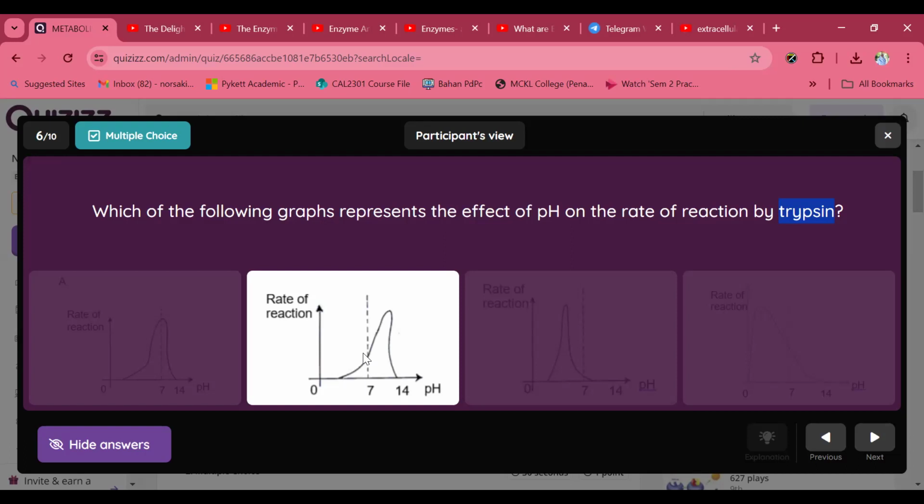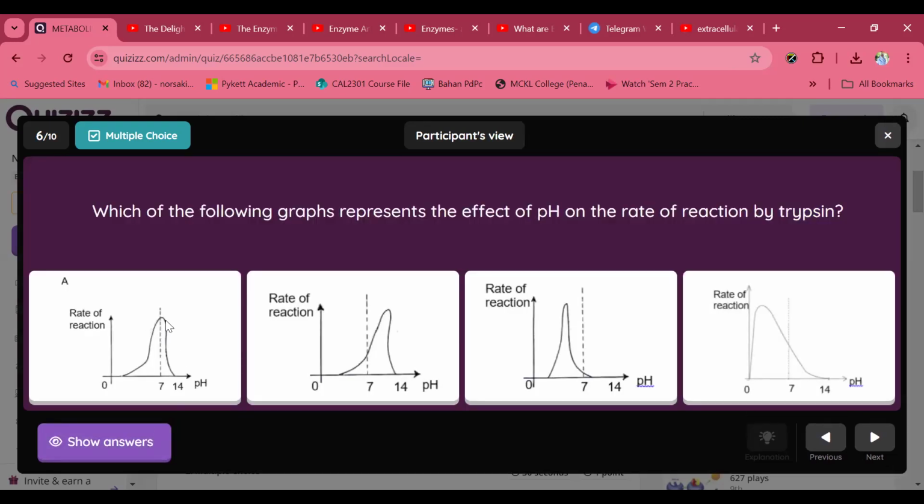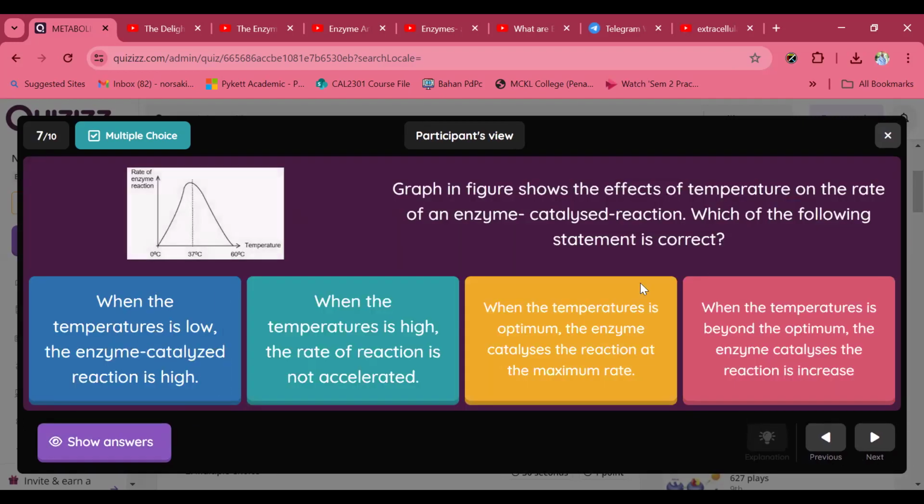Trypsin is alkaline, so the graph will move towards the alkaline part. The peak will be at the alkaline part. Now for A, this one is for a neutral enzyme. This one is for acidic. This one also acidic. Okay, next question.